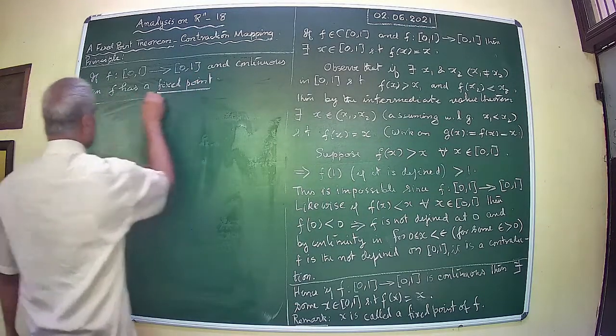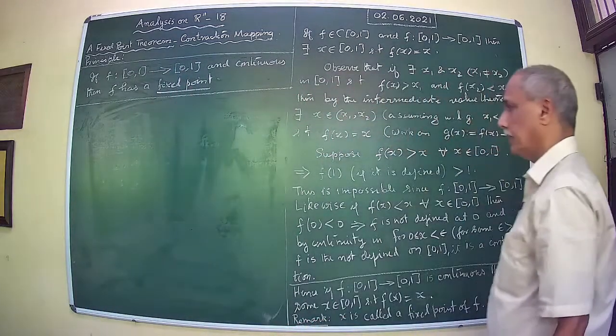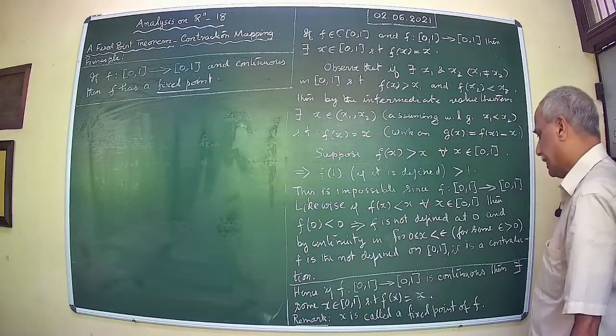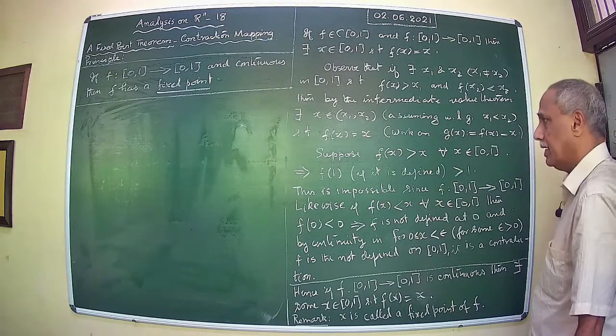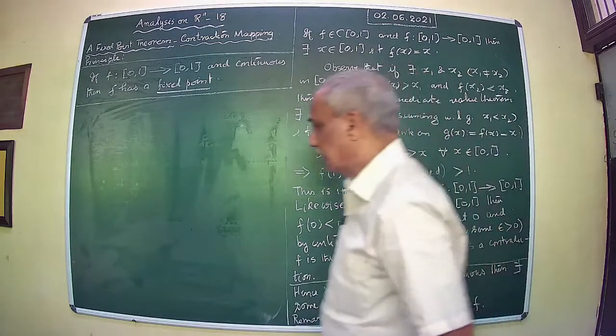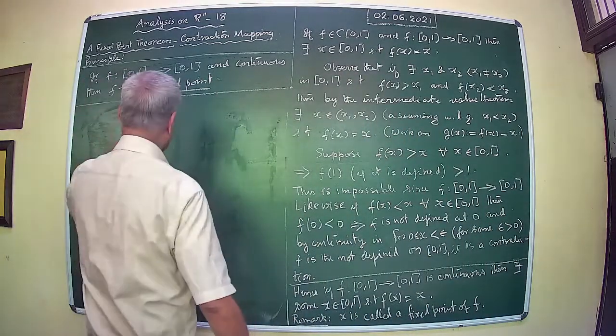This is a version of the fixed point theorem. We shall investigate how do we find such a fixed point. Equivalently, you can see that it is the zero of a function.